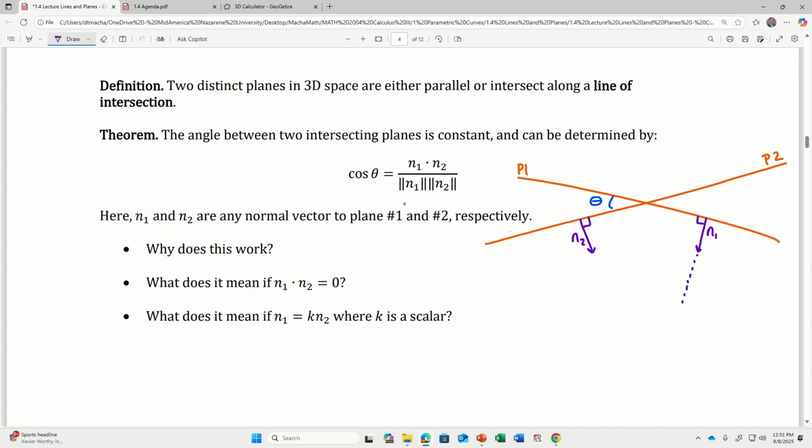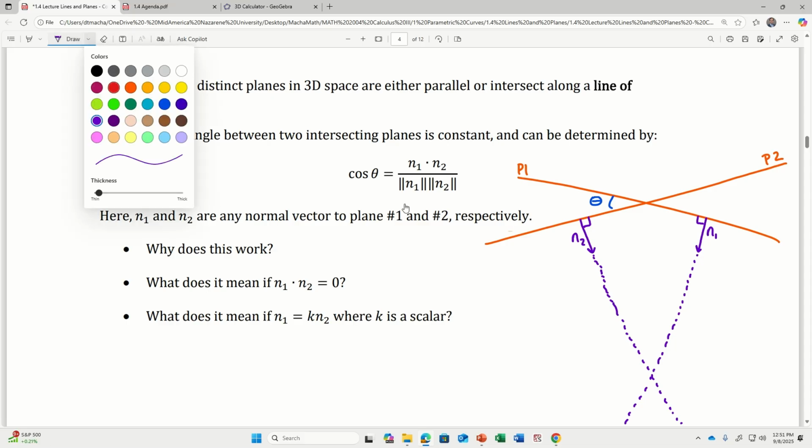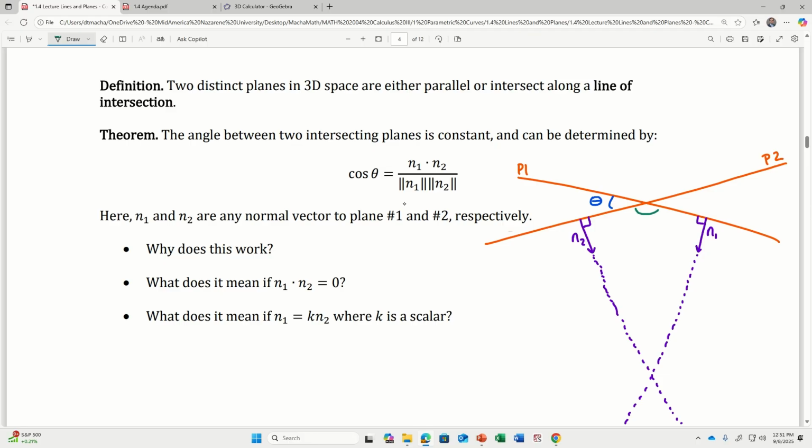And if I were to get a straight line and extend these normal vectors out until they intersect each other, let's think about this. I'm going to name this angle here phi. And I know theta plus phi has to be equal to what? 180 degrees, because theta and phi are supplementary. Together they form a straight line.